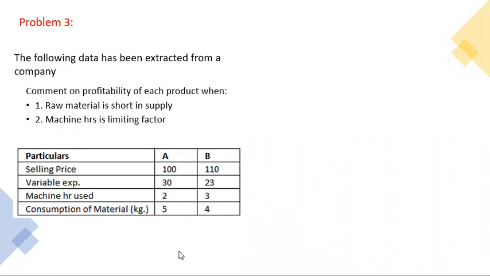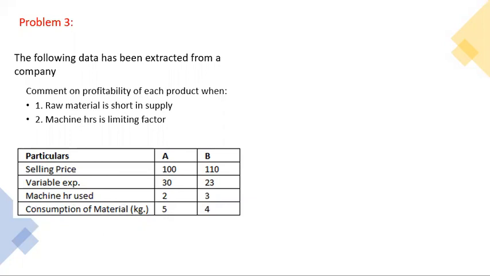Selling price for product A is 100 and for product B is 110. Variable expenses are as follows. Machine hours used are 2 and 3. That means product A uses 2 hours on the machine and product B requires 3 hours to be produced. And consumption of material is 5 kgs for A, and for B it requires 4 kgs.